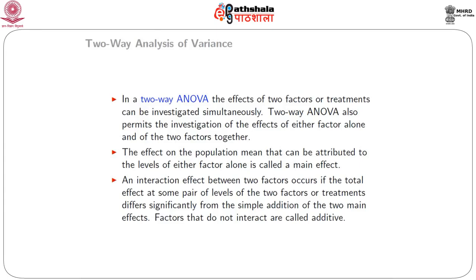An interaction effect between two factors is said to occur if the total effect at some pair of levels of the two factors or treatments differs significantly from the simple sum of the two main effects. Factors that do not interact are called additive because for them the joint effect is simply obtained by adding the individual main effects.